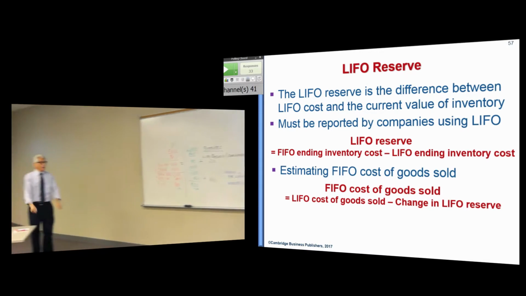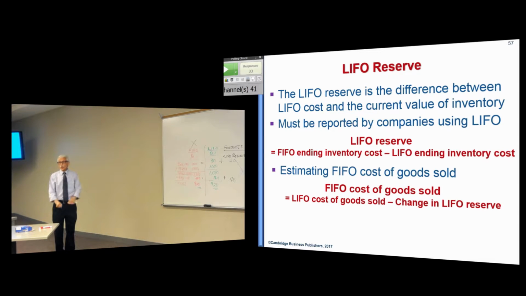Now, here's the question. Can anyone see how I could adjust the cost of goods sold? What's the cost of goods sold under LIFO? It's $9.20. If the reserve went up by 20, what should the cost of goods sold be under FIFO? It's got to be lower, and it's going to be lower by 20.